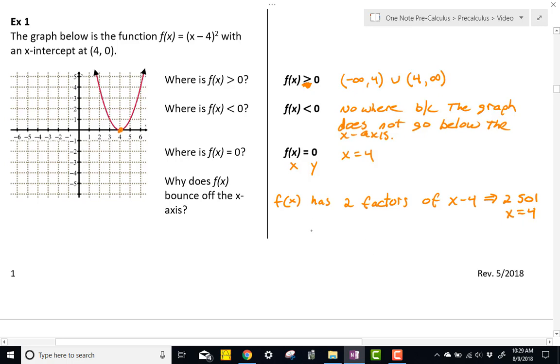Now, these solutions are called zeros. So, solutions with even degrees cause the graph to bounce off the x-axis.